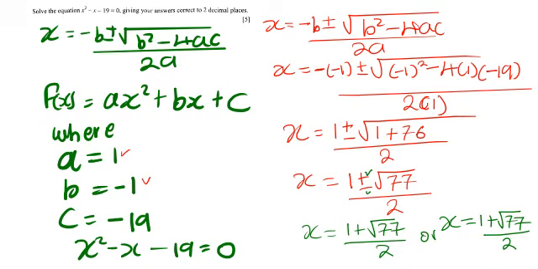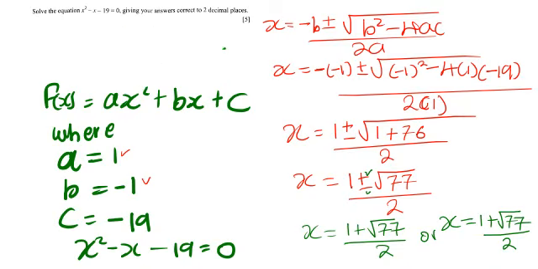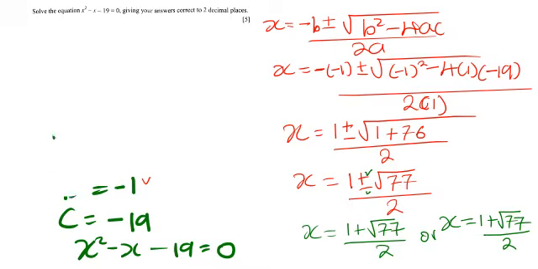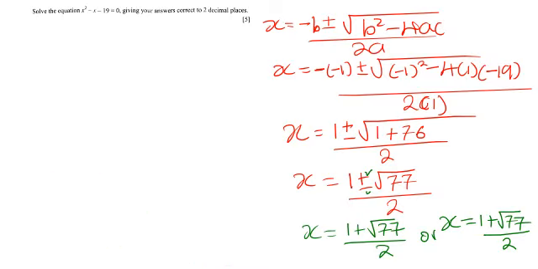So x will be equal to 1 plus the root of 77 over 2.